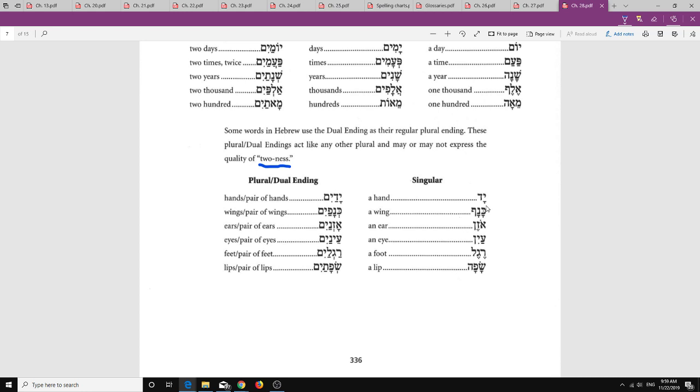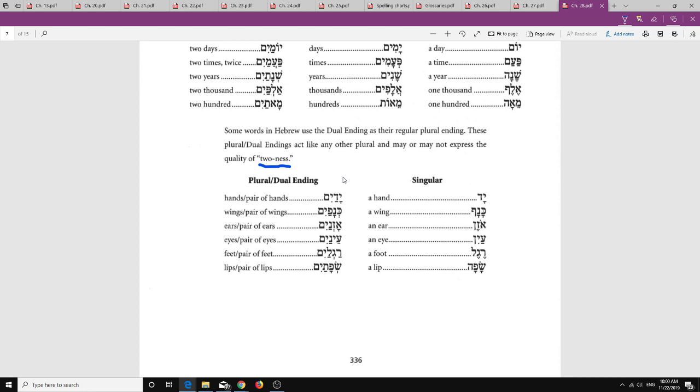So yad, yadayim, so a hand, a pair of hands. Kanaf, kanafayim. Ozen, ozenayim. Ayin, einayim. Regal, regalayim. Safa, safatayim.